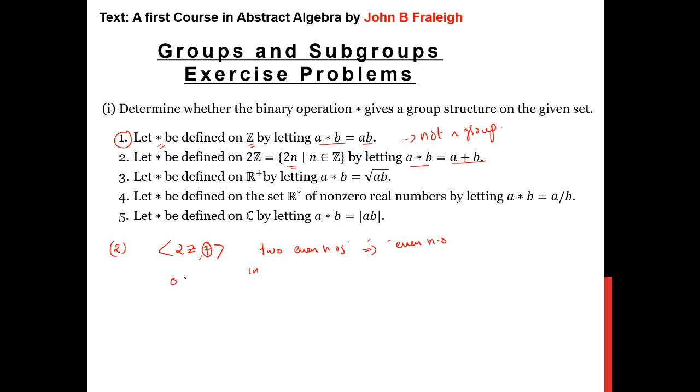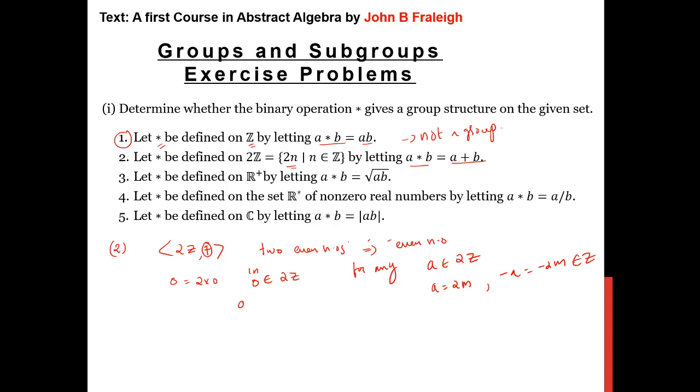Now the identity element. We know that 0 can be written as 2 times 0. Therefore, 0 is an even number that belongs to 2Z. So the identity is in the set. Also, for any element a belonging to 2Z, a is of the form 2m, an even integer. Then minus a, which is minus 2m, must be an even integer.